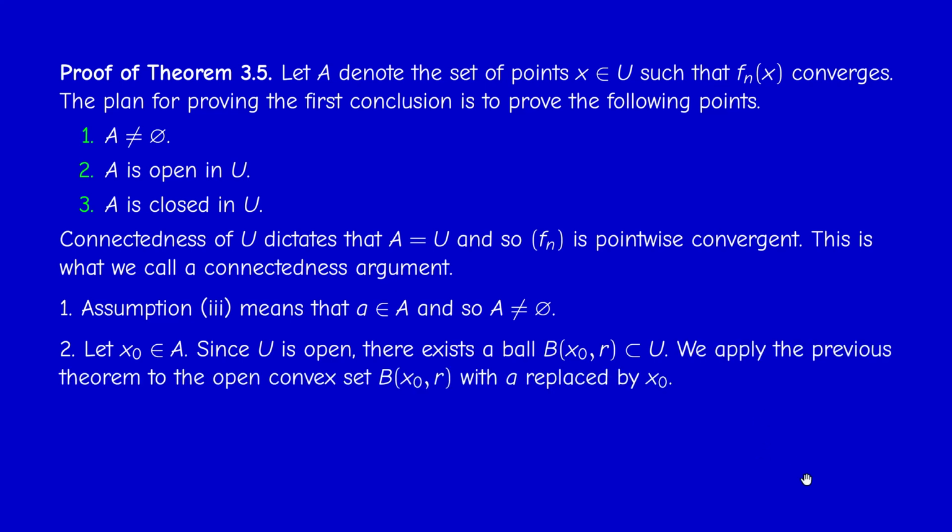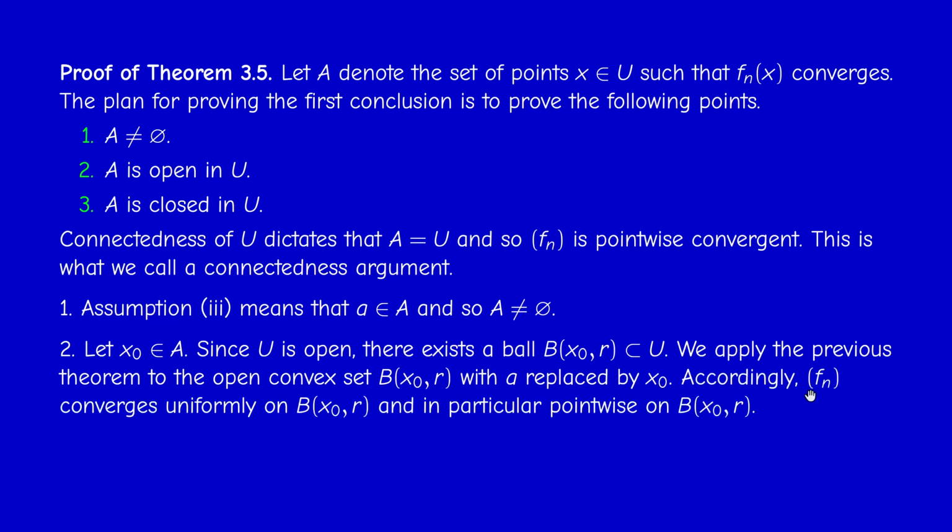And now we apply theorem 3.4 not to U, because we don't know whether U is convex or not, but we apply it to the open ball of center x0 and radius r. And instead of A in the previous theorem, we take x0, a point.